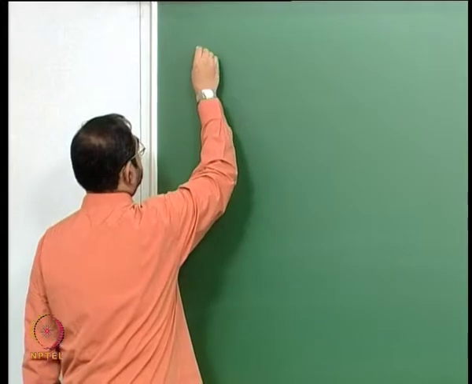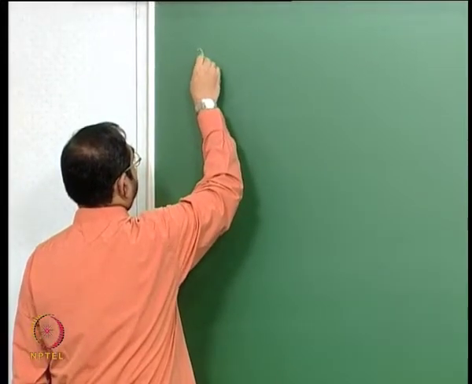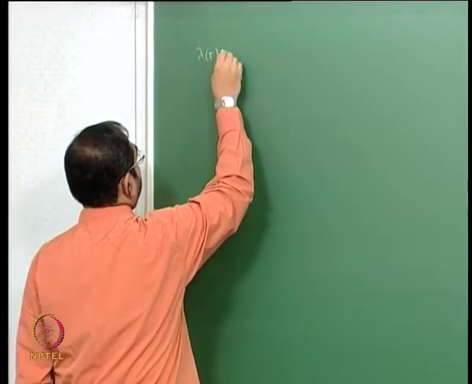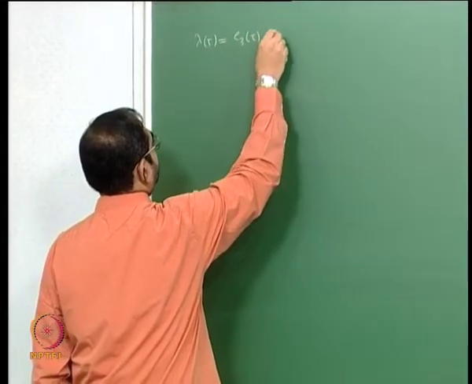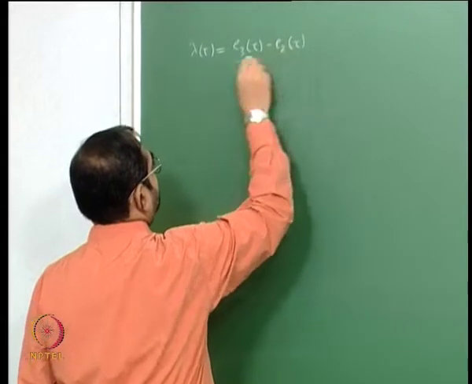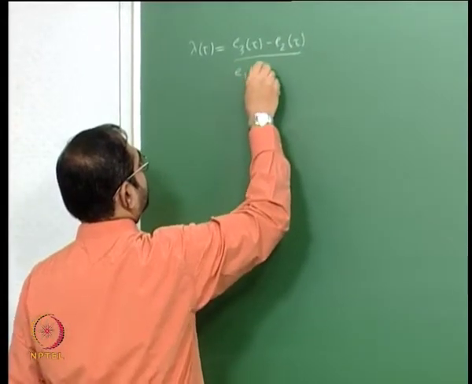So we have this function lambda of tau, which is given by E3 tau minus E2 of tau by E1 of tau minus E2 of tau.